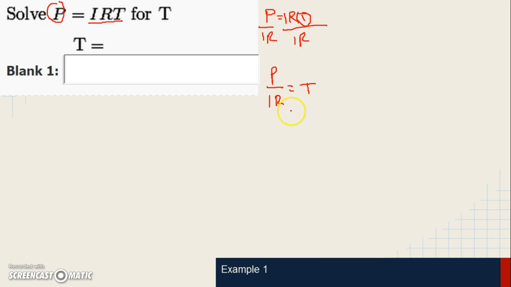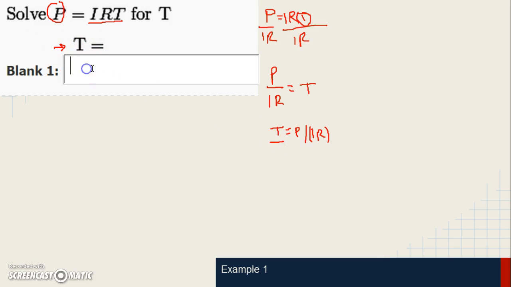When I input that in, it will look like this. T equals p divided by IR. Because division happens first, I put this in parentheses so that I know that I have p divided by both I and r. Both I and r are going to be in the denominator. I do not have to write t equals because it's already up here.